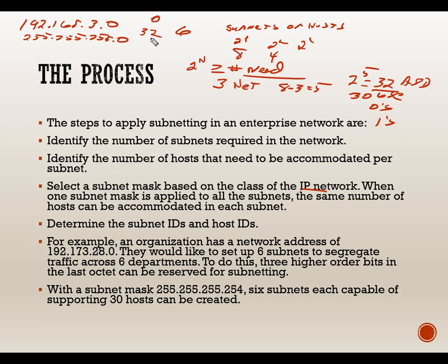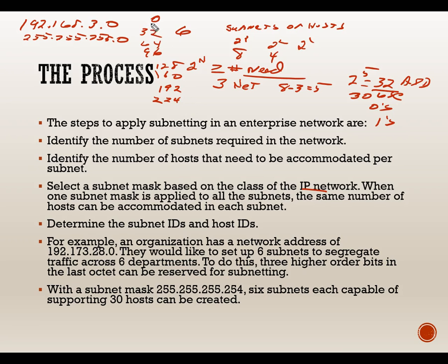This is called the increment, sometimes called the magic number. 32, and we add 32 to get 64, 96, 128, 160, 192, and then we add 32 to that, 224, and then if we add 32 to that, we get up to 256, which is the end, obviously, of the network.